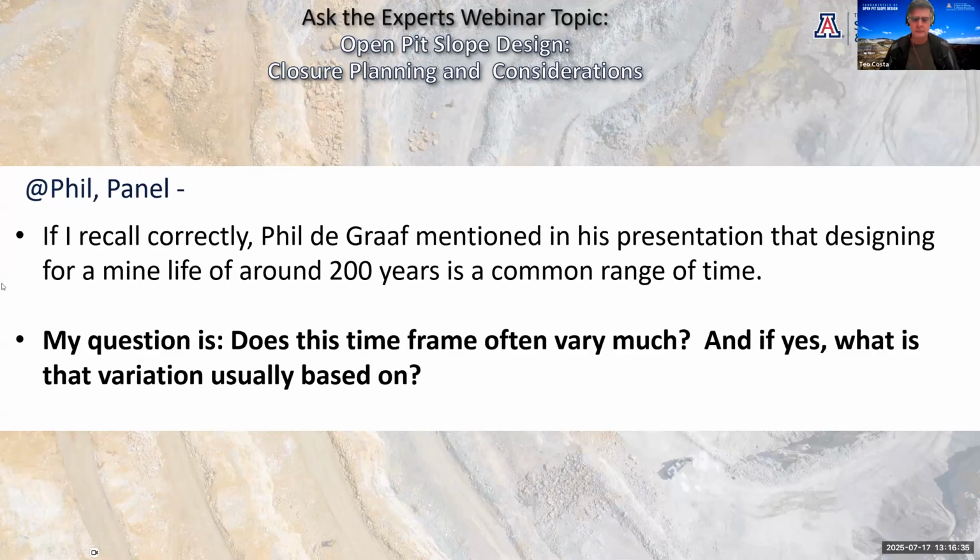Yeah, I think you have to look at it on a case by case basis, and along that, there's some pit lakes that we're involved in where they're going to take more than 200 years to stabilize and recover after mining. So you do have to look at it on a case by case basis for sure.